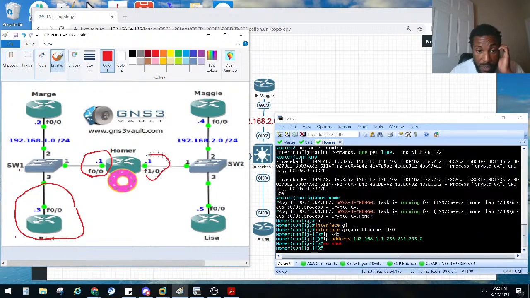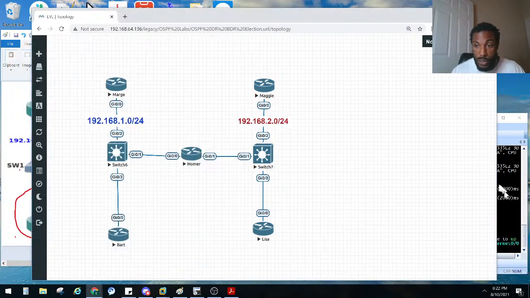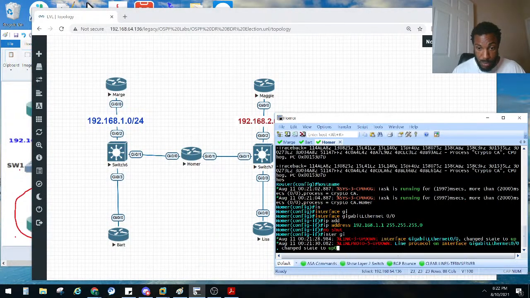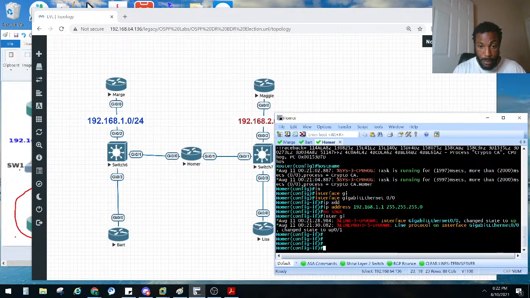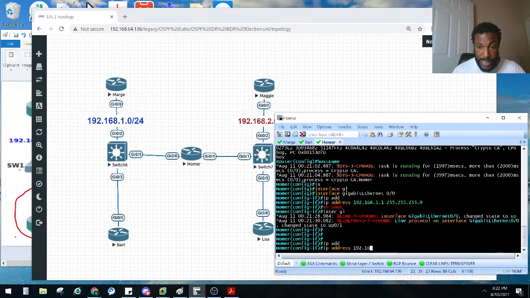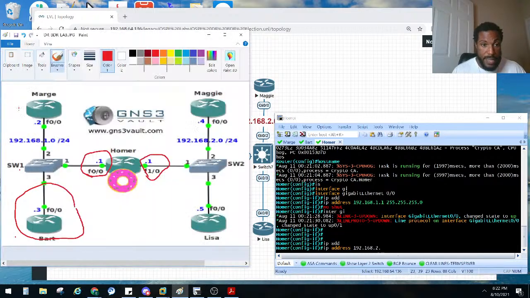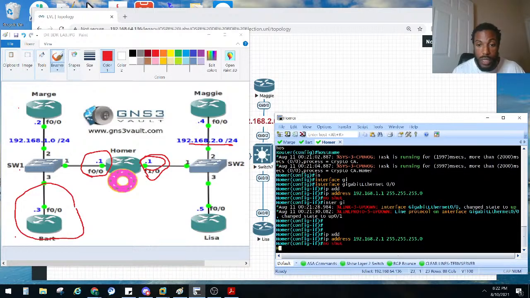And now we've got to do this interface right here, which is interface GI0/1, and his IP address is 192.168.2.1, right? So 2.1. Y'all with me so far? And for anybody that's new, this is just basic IP addressing we're doing here. No shut. So just a little housekeeping here.